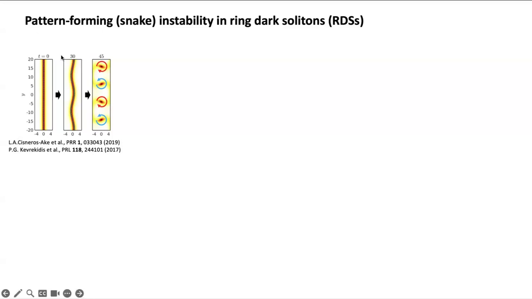Basically, what it says is that when you have a dark soliton in dimensions higher than 1, in 2 or higher dimensions, it is unstable against transverse perturbation. What you see is that it will start to grow, this wavy-like behavior, and then it will get bent so much that eventually it will break up and then form pairs of vortices of opposite circulation.